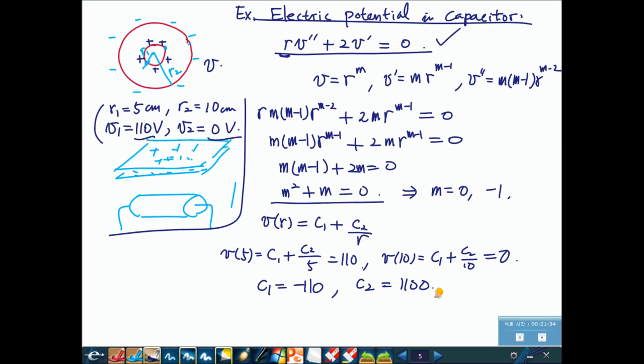And you plug it in, then we're going to get our particular solution, Vp, which is minus 110 plus 1100 over R. That's actually voltage, that's V, the unit.